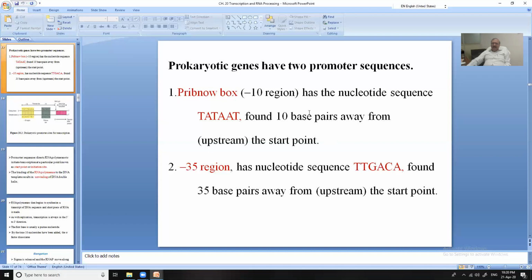In the next slide, I will show you how this Pribnow box is there. And the -35 region is a sequence 35 base pairs upstream, predominantly TTGACA.